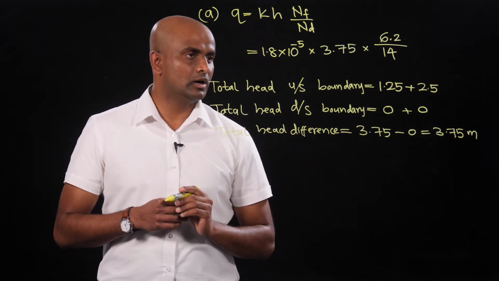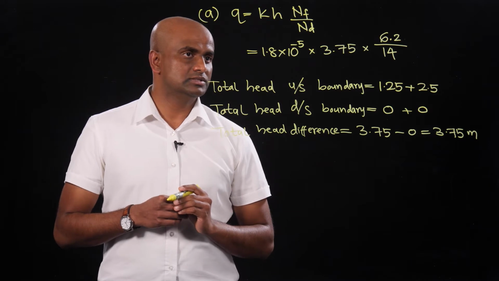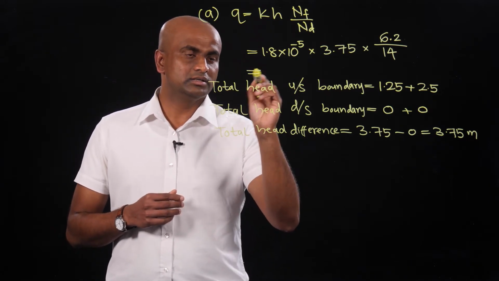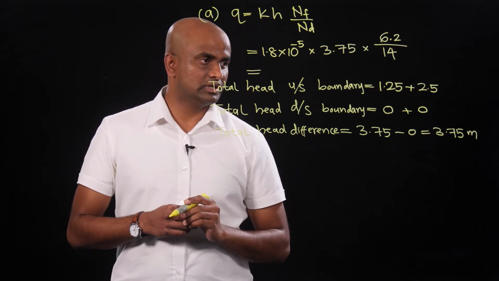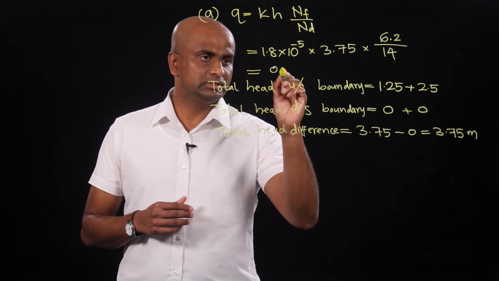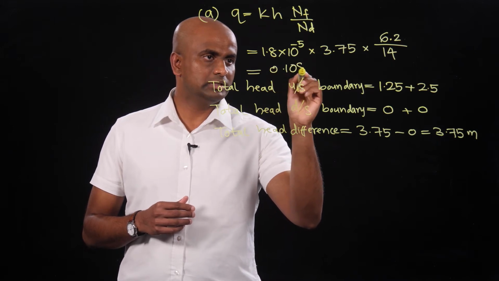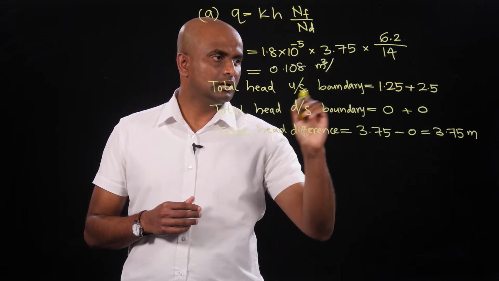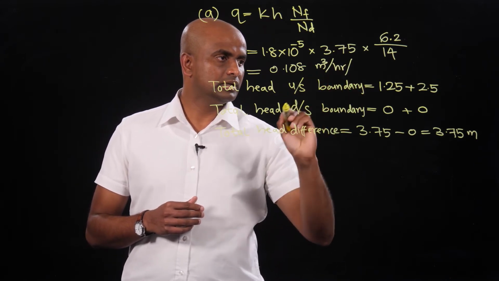So that will be your ND value. So from this we can easily calculate the seepage flow rate, which will come out as 0.108 cubic meters per hour per meter length.